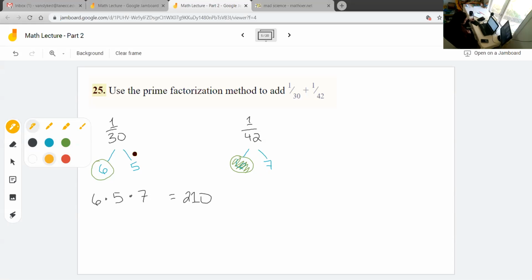This 7 means that there's a times 7 top and bottom here. This 5 means that there's a times 5 top and bottom here. So finally, we can add them.